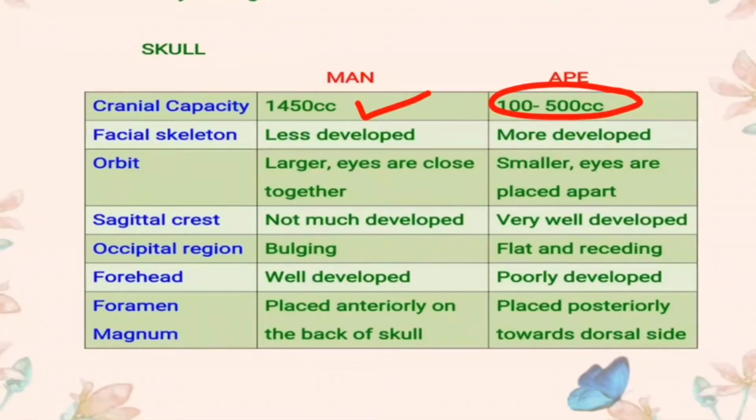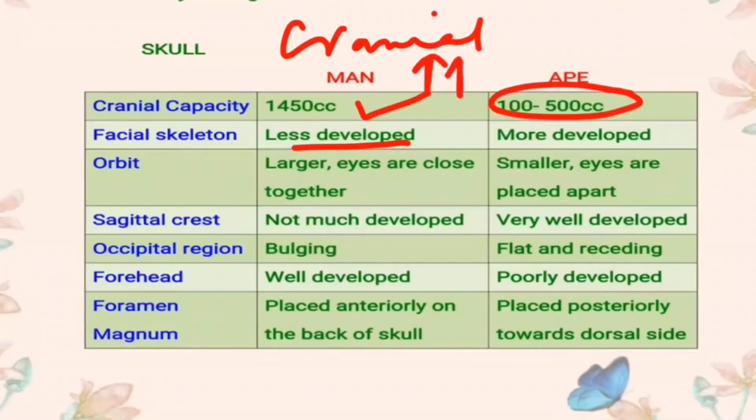Then the facial skeleton. The facial skeleton in the man is less developed as compared to the cranial skeleton. That means the cranial skeleton of the man is much more developed than its facial skeleton. But in the apes, the cranial skeleton is less developed and the facial skeleton is more developed.